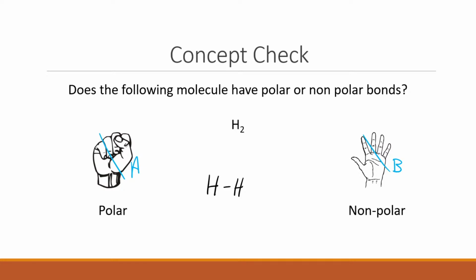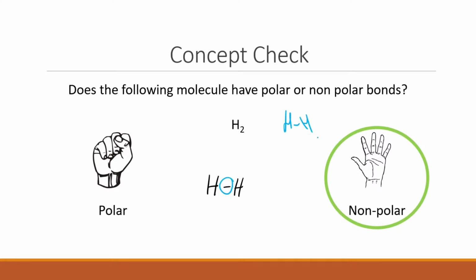This is a nonpolar bond. We have an element connected to another copy of that element. H connected to H is a nonpolar bond. They are the same element. This is the only kind of bond that is nonpolar, when you have the same thing on either side of the bond.